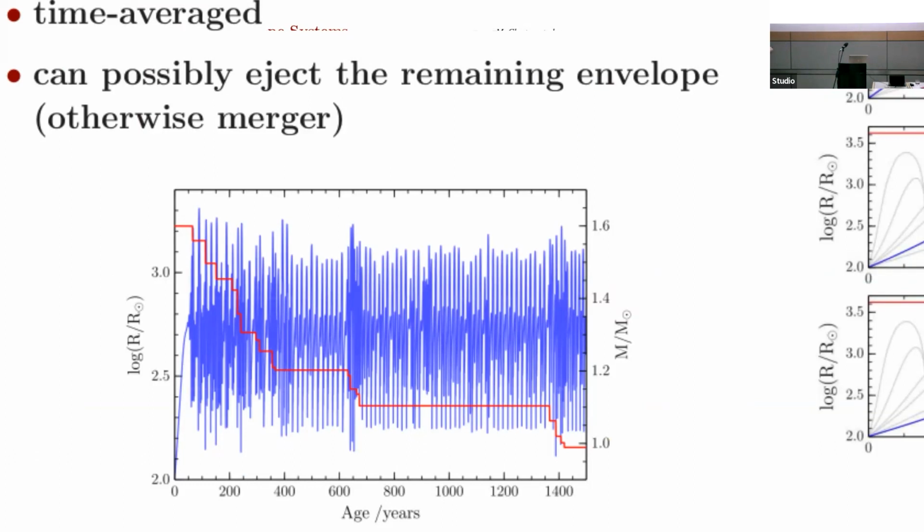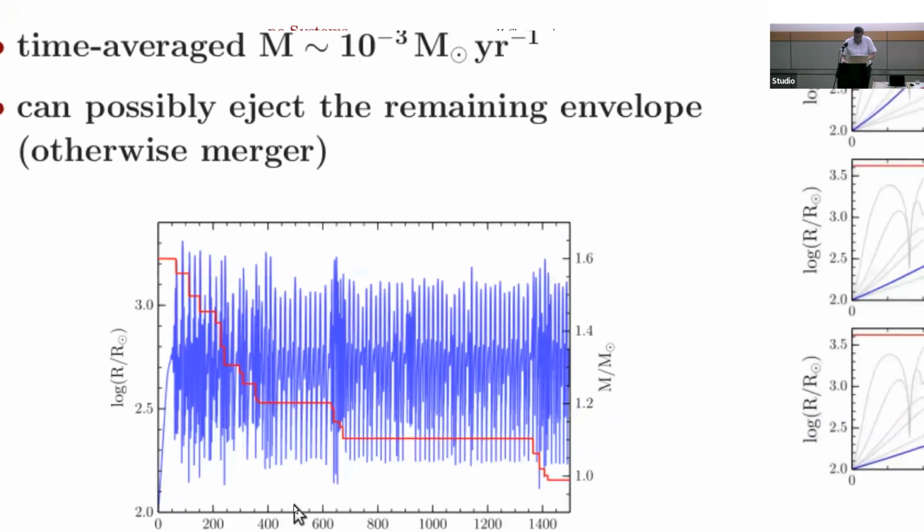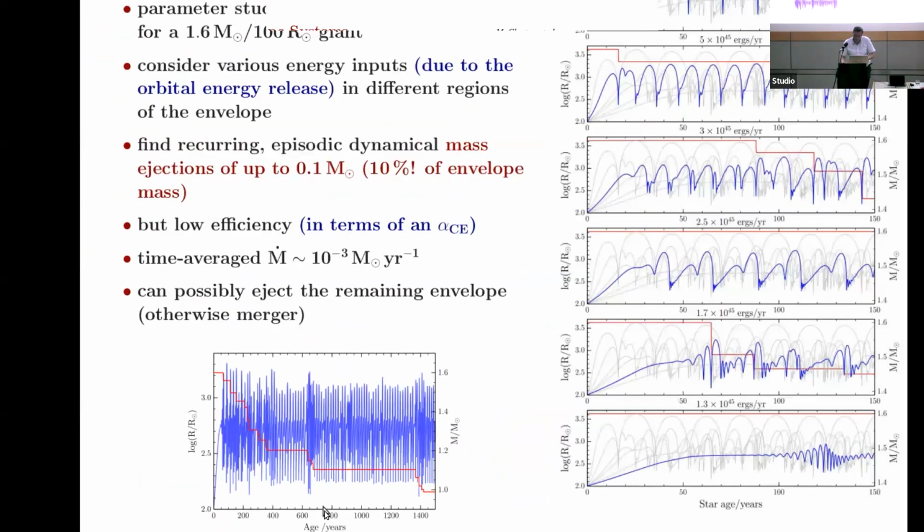Then there's a phase where it doesn't lose any mass, but then it starts to lose mass again and so on. But at the end of this, it has essentially lost all of its envelope in 1500 years. So this is a type of mass loss rate one wants also when one looks at superwind.